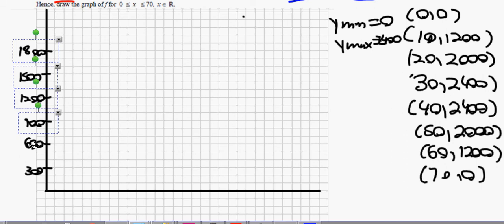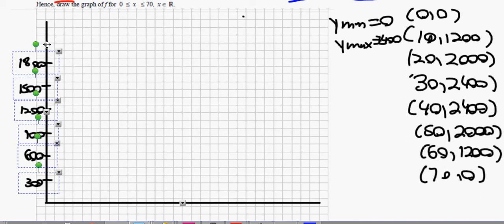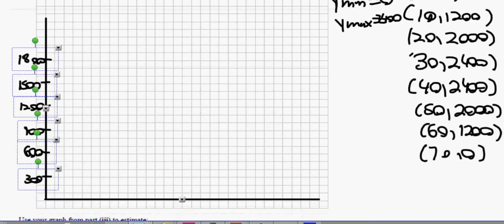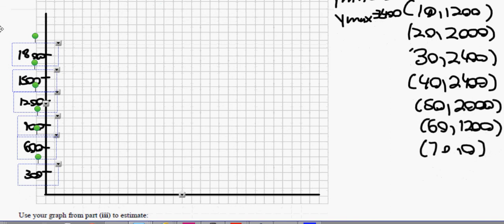You have to make a call on how much space you need. So we're just going to move it all the way down if possible. Okay, so there we go. Now we should have enough space, so we're going to extend this graph upwards.